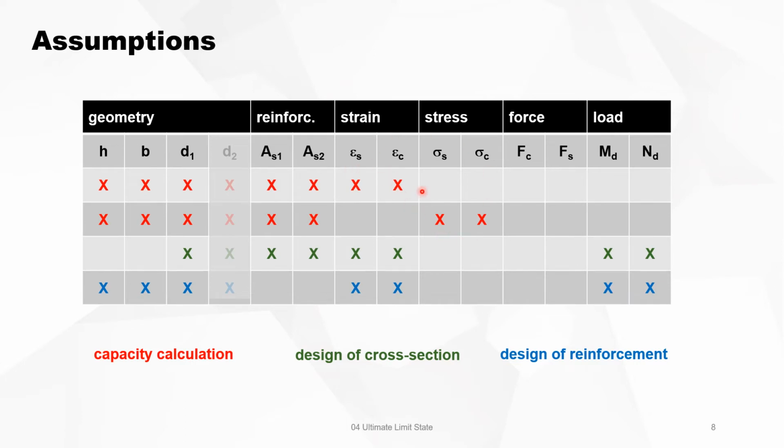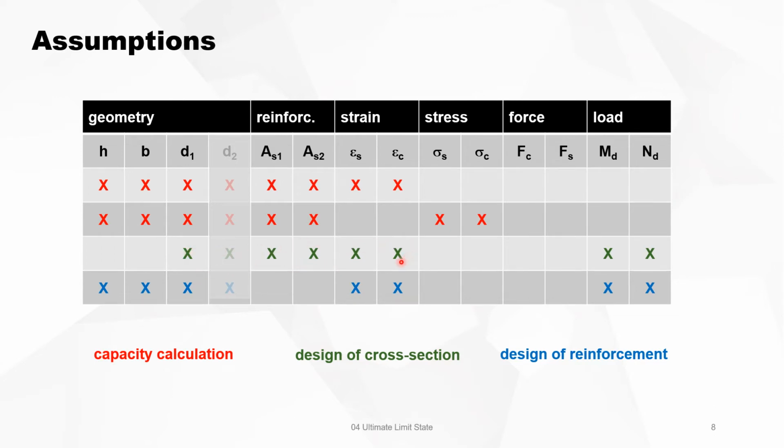Another problem arises when the forces are there, you know the forces, and you want to know what are the dimensions of the section. It's a design of a cross section. So you have M and D is given, and you want to know what is now the needed height.